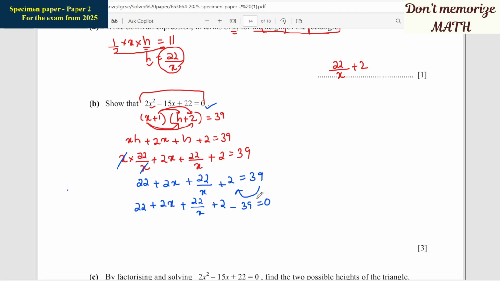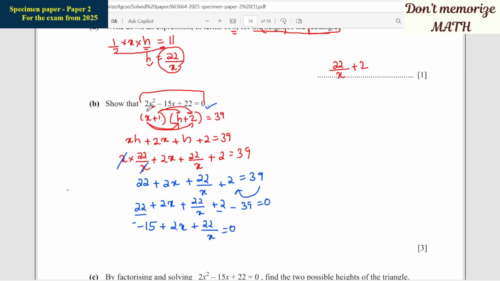We have 22 plus 2 is 24, 24 minus 39 is minus 15. So we'll get minus 15 plus 2x plus 22 over x equal to 0.